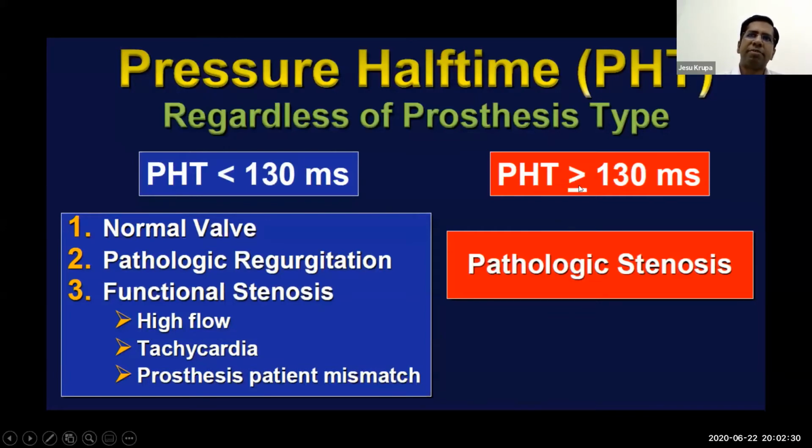With a pressure half time of greater than or equal to 130, we start thinking more in terms of stenosis, whereas if it is less than 130, then we think of the other conditions. That is how pressure half time, like acceleration time for the aortic valve, helps us in separating what is obstruction versus what is not obstruction as a cause of high gradients.